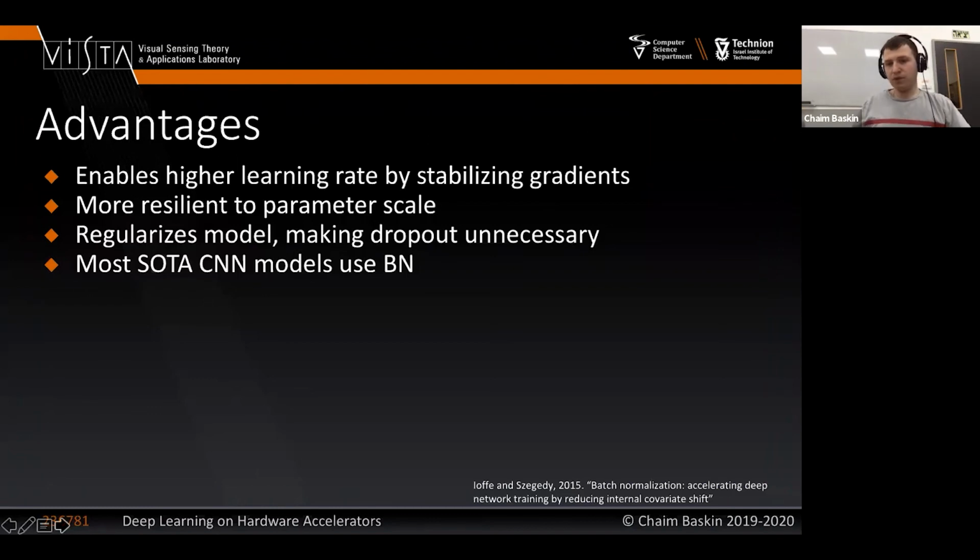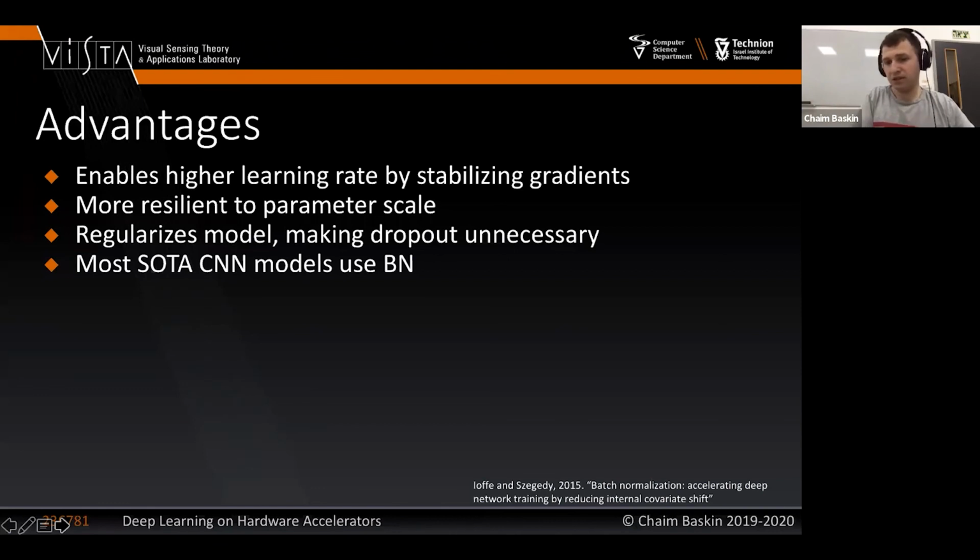So, what are the advantages of batch normalization? It enables higher learning rates because our gradients are stabilized. We talked about fixing the distribution over layers. It's more resilient to parameter scale. It's a regularized model, making dropout unnecessary.